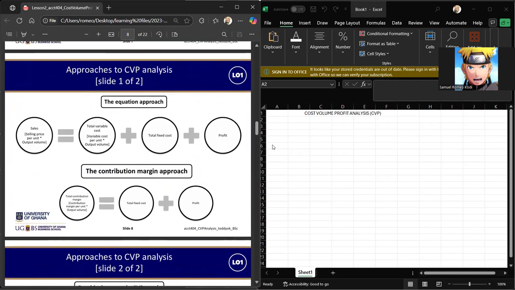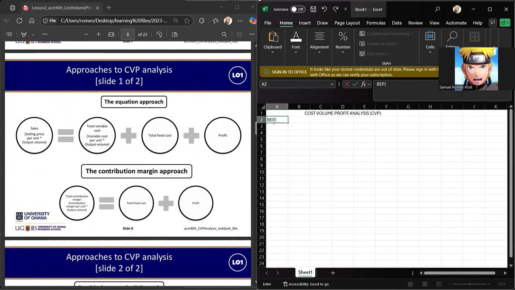Here we know that our break-even point in quantity equals our fixed cost divided by our contribution. Break-even point in revenue or sales equals BEP in quantity times our selling price.